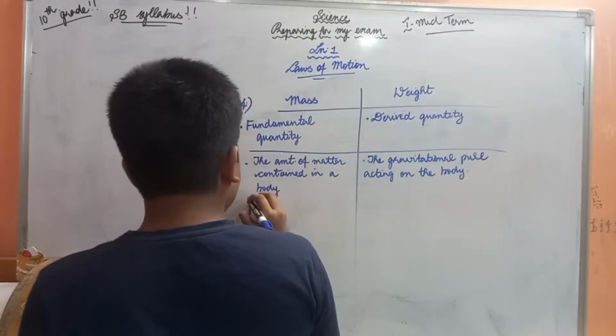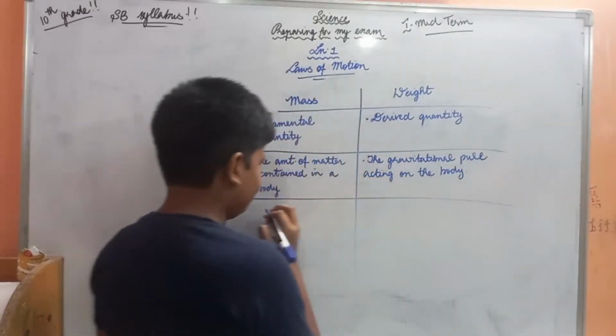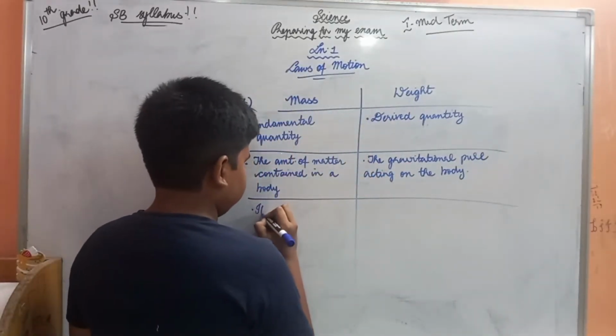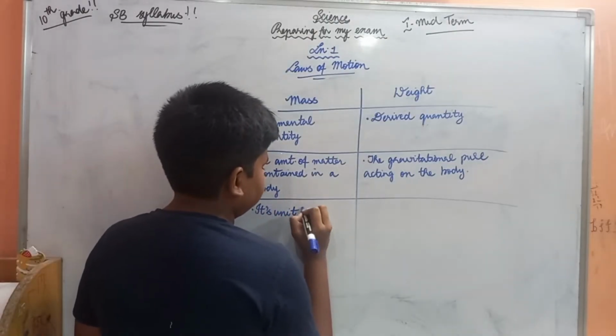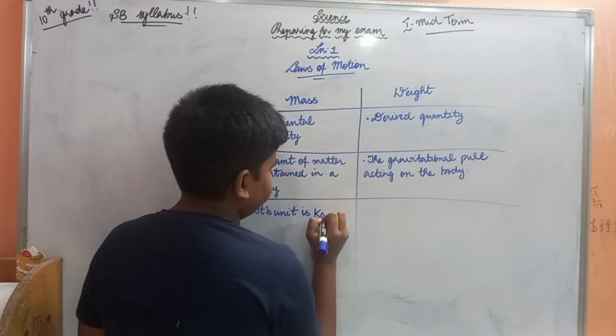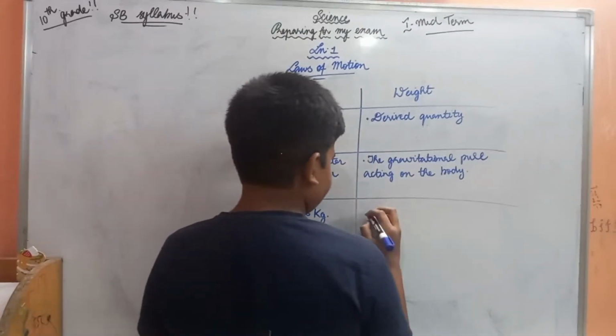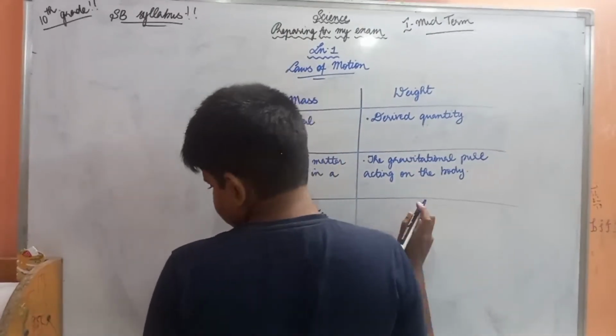Next, the unit of mass is kilogram and the unit of weight is Newton.